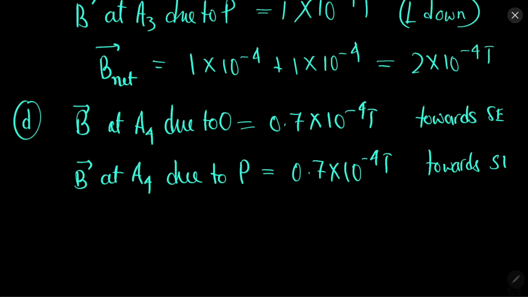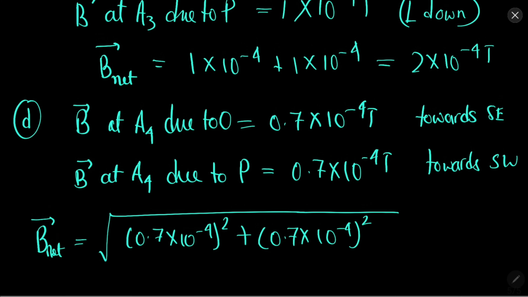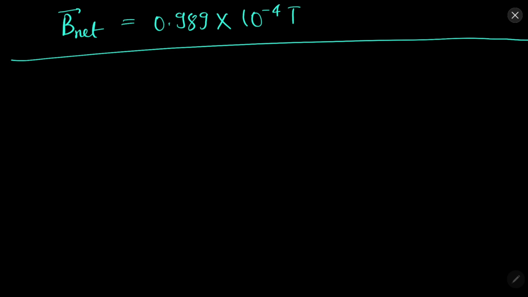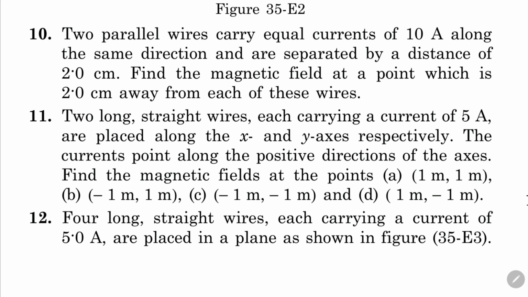So now they are perpendicular to each other, so net magnetic field will be square root of the squares of both, 0.7 into 10 to the power minus 4 square plus 0.7 into 10 to the power minus 4 square. After solving this, you will get that the net magnetic field in this situation is 0.989 into 10 to the power minus 4 Tesla. So this is how you will do all the individual things.